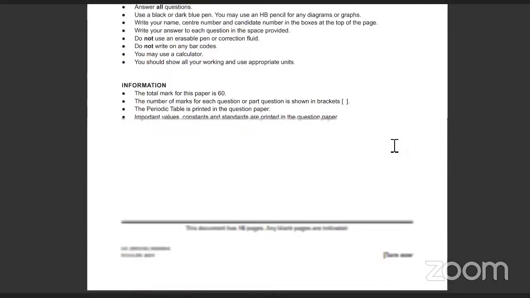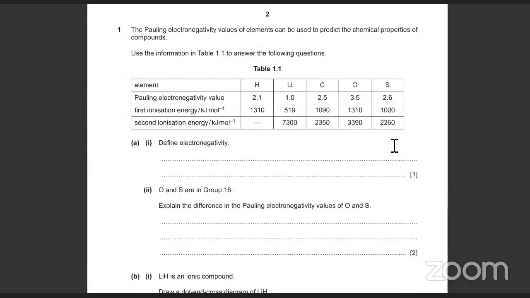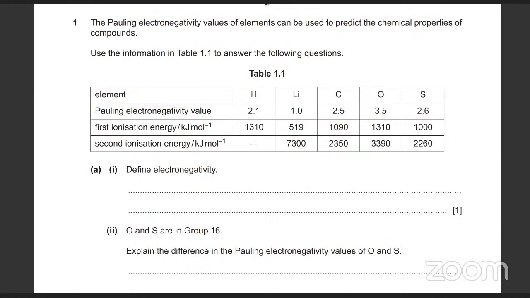So starting with the first question. There's an electronegativity table that's provided, and you're being asked to use the information to answer the following. How do you define electronegativity?